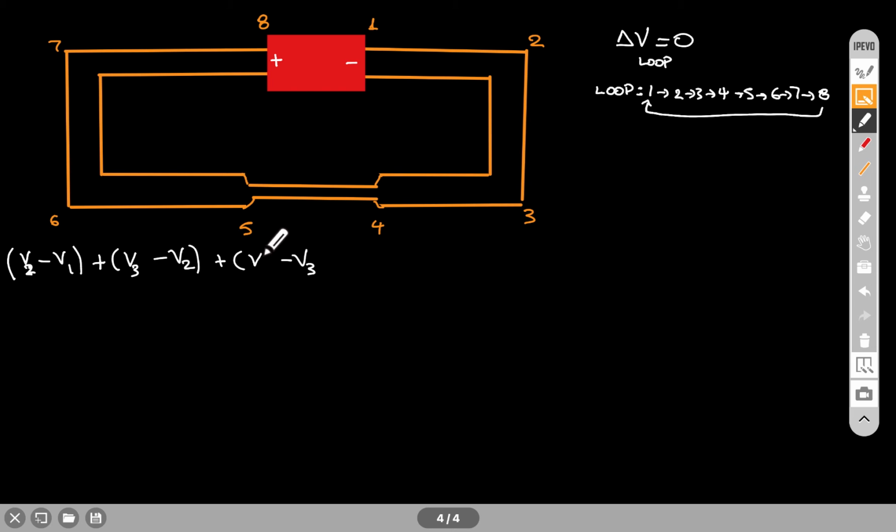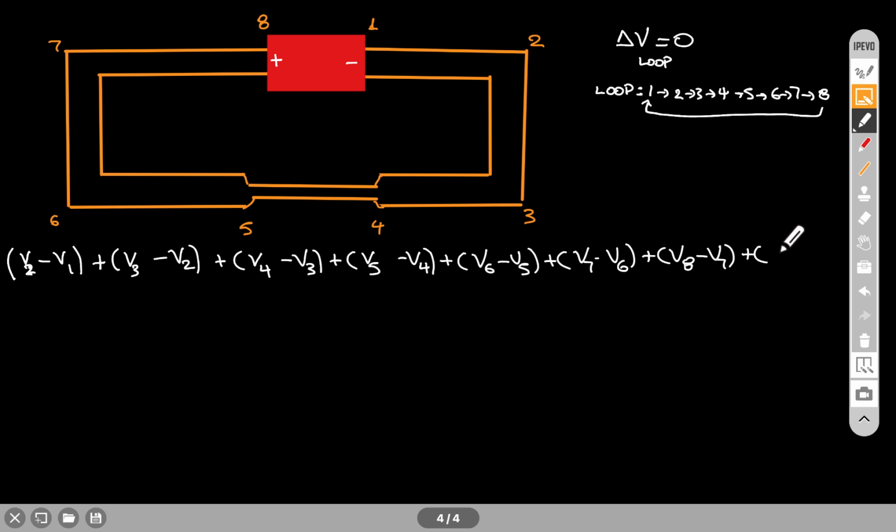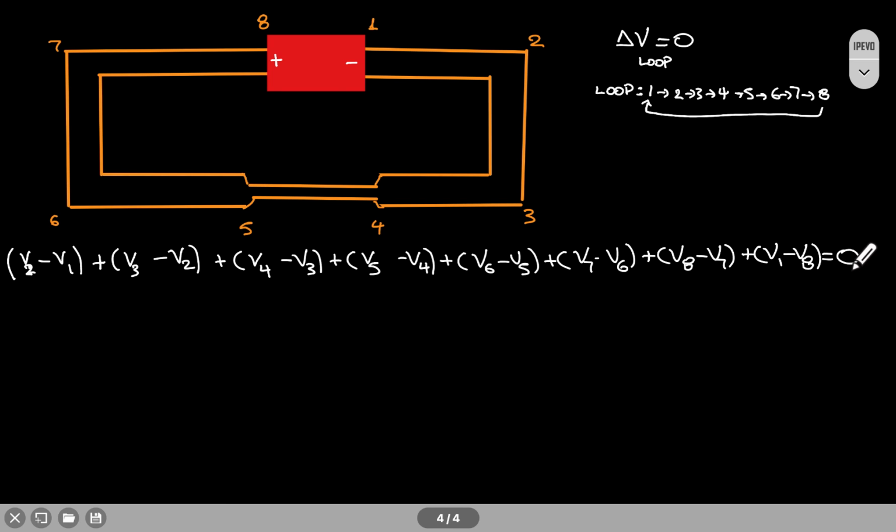So I'm going to go from 3 to 4, and then from 4 to 5, and so on, 6 minus 5. And this is the last one, V1 minus V8. And this should be equal to 0.